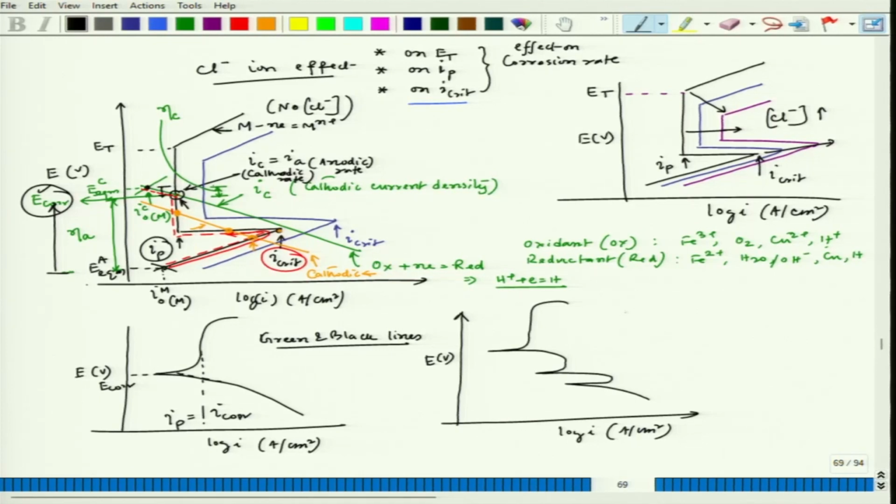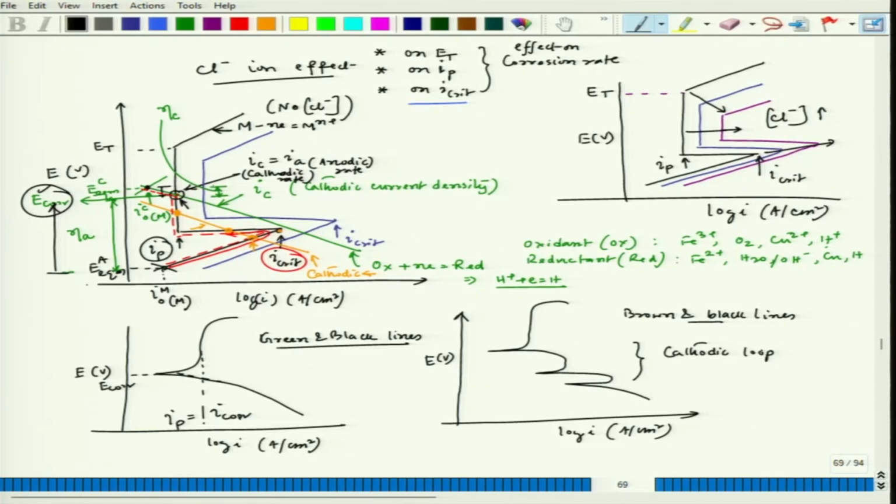This is for the brown and black lines. Fine. So, this particular situation is called a cathodic loop.